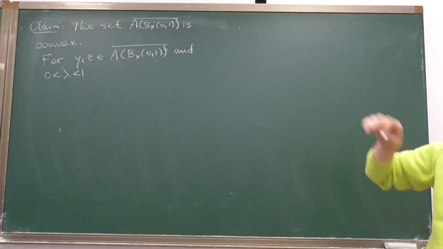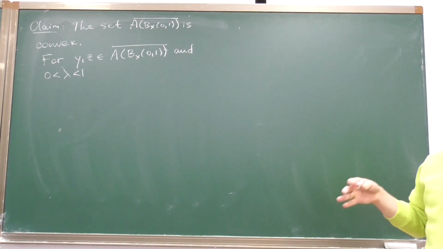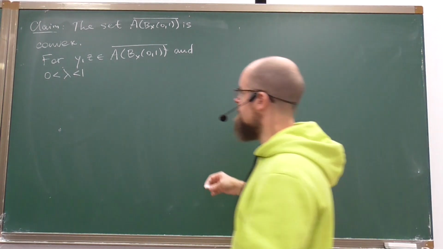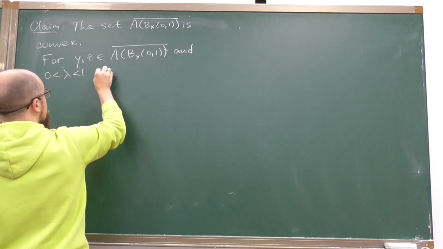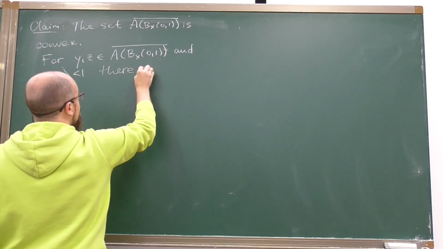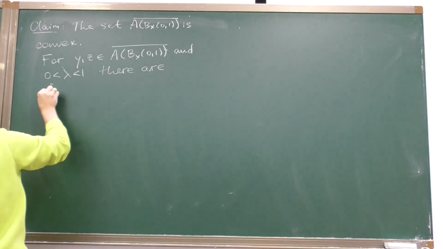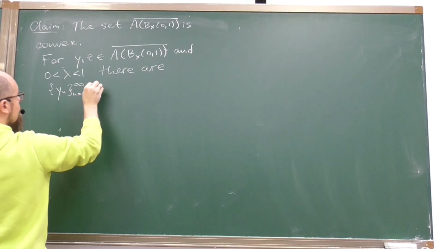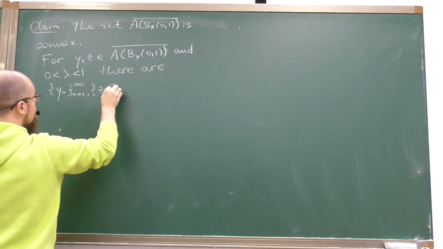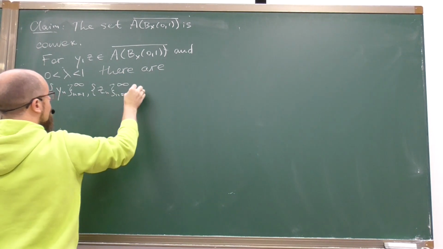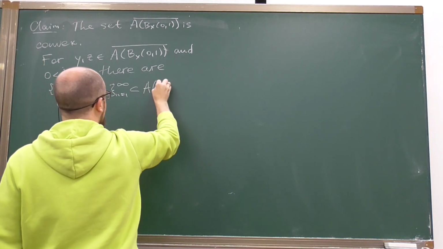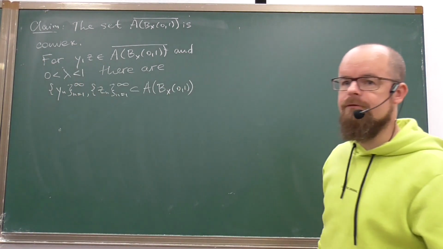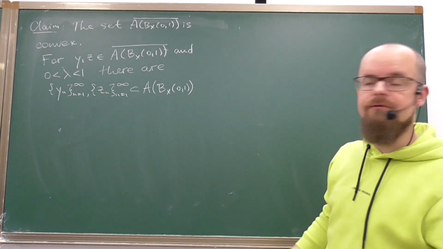Well, by definition, these 2 points belong to the closure, so we can find two sequences which converge to Y and Z respectively.